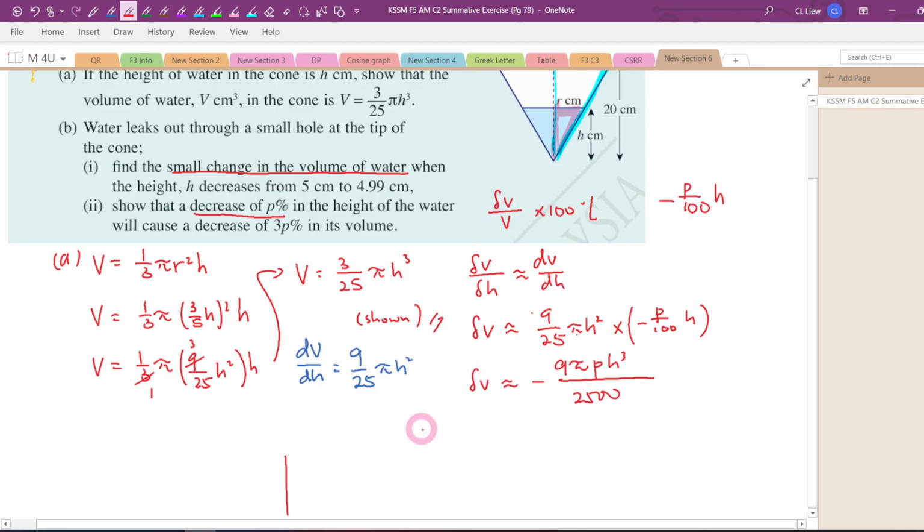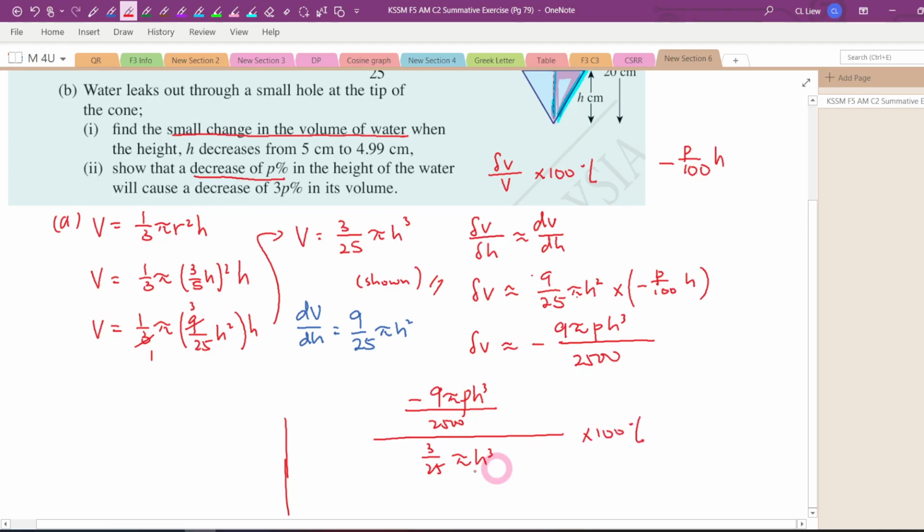Delta V is equal to this, negative 9 pi p h cubed over 2500, divided by the volume, and this is the volume, 3 over 25 pi h cubed, times 100%. We want to change to percentage, that's why we multiply by 100.